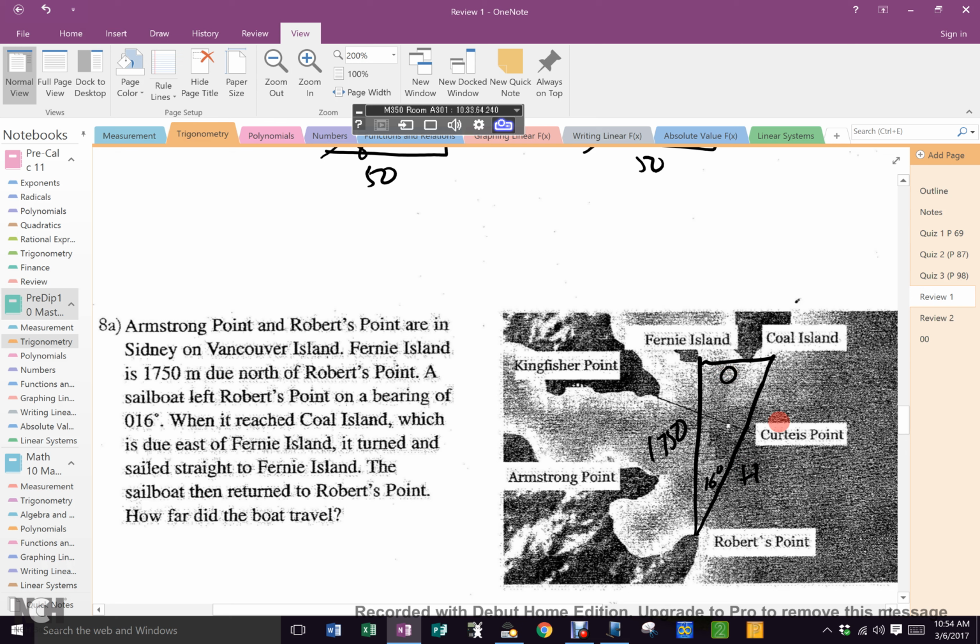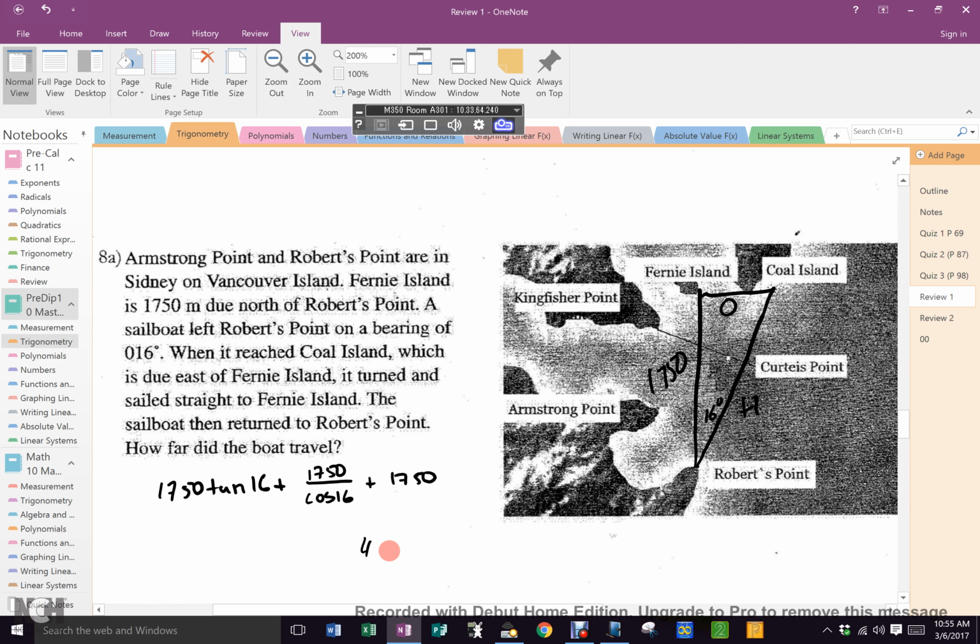I can't remember what it is. But you know if you did the work right or not. The way I would do this, it is going to be opposite over adjacent. 1750 tan 16 plus 1750 divided by cos 16 plus 1750. You would add all that up. It's something like 4,000. Yep.